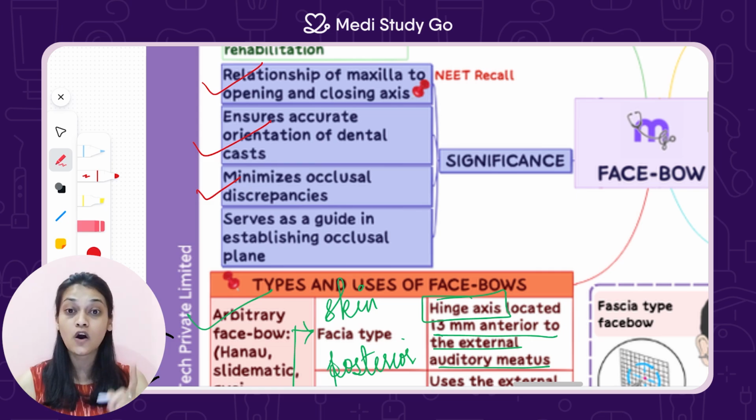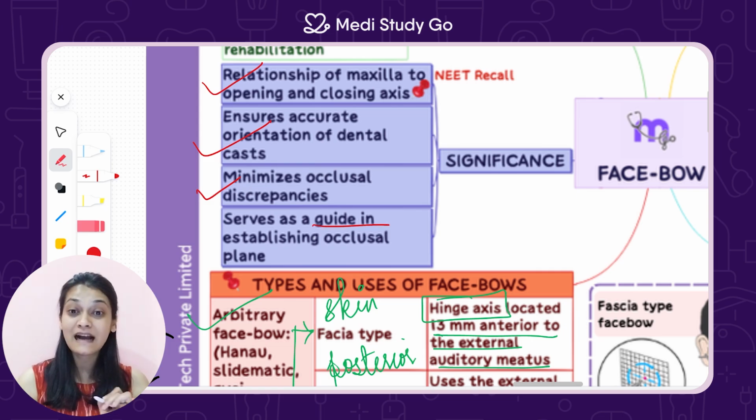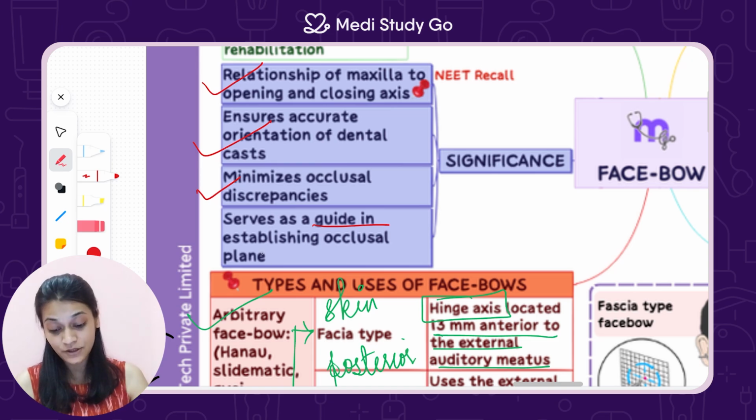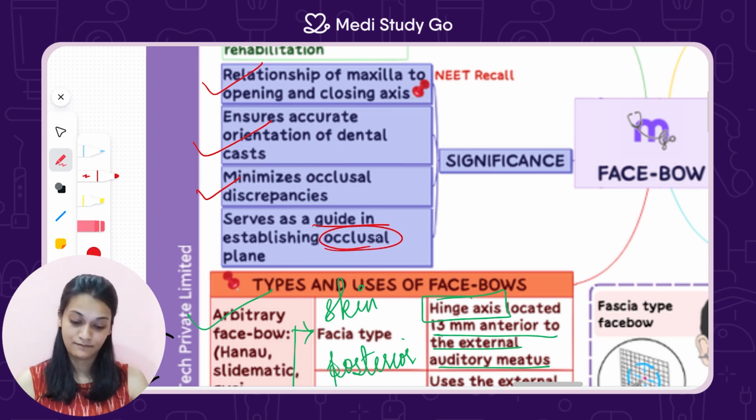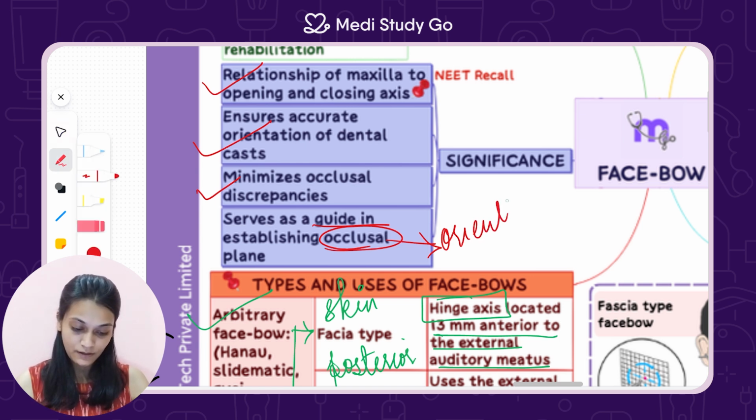It will minimize the occlusal discrepancies. Along with it, it is going to serve as a guide which will help us establish the occlusal plane. It is the orientation of the maxillary cusp that will help us to orient the occlusal plane.